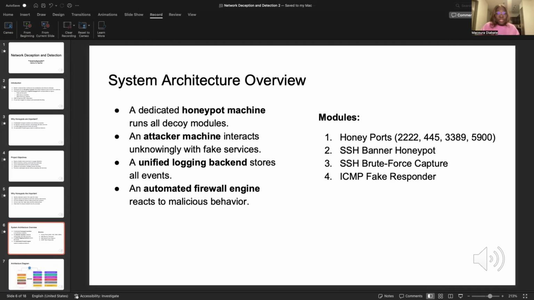Each module is isolated but logged to the same file. When an attacker performs a scan, brute force attempt, or ping, the module responds realistically and captures data. The automation engine evaluates this behavior and blocks IPs when necessary.